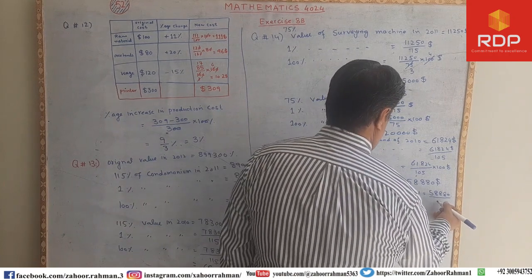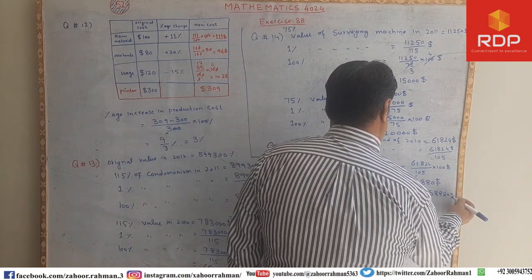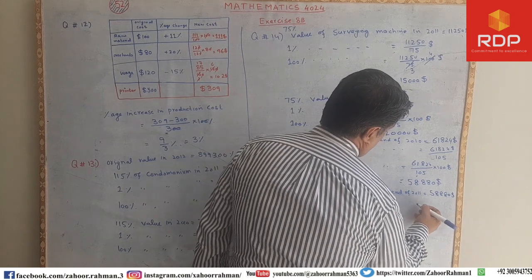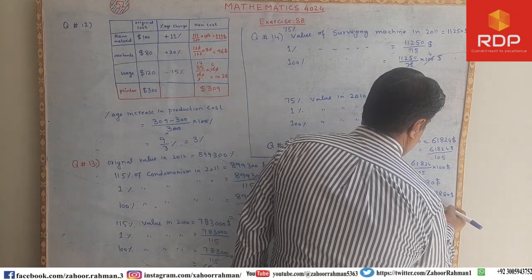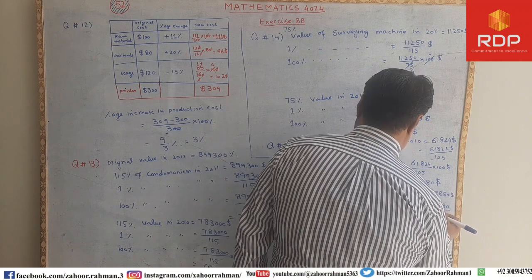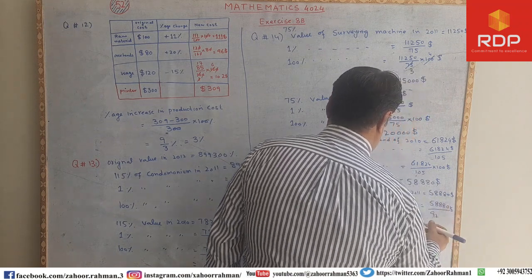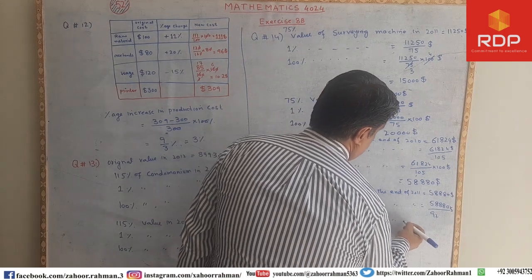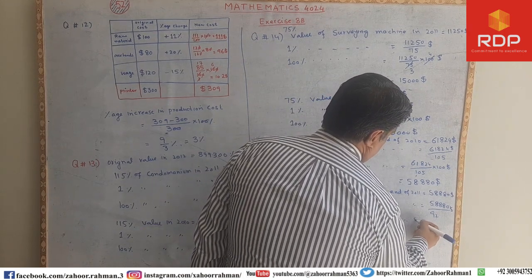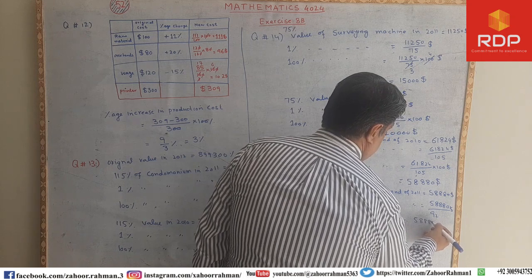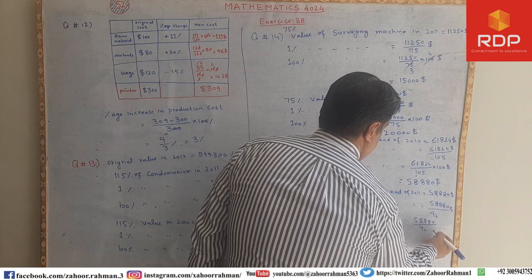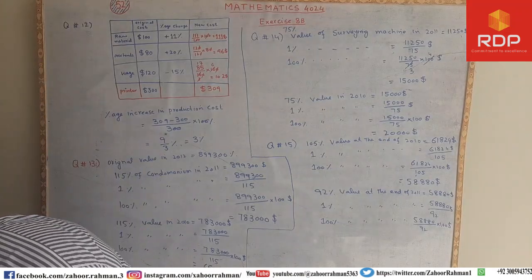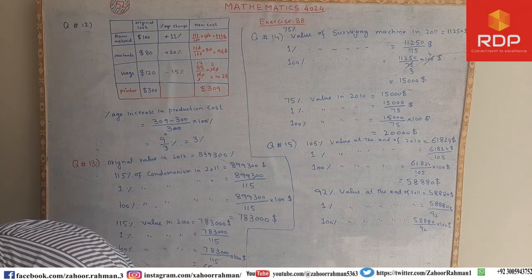So here I have to write dollars, and then the 1% value at the end of 2011 will be 58,880 divided by 92, and similarly the 100% value at the end of 2011 is divided by 92 and multiplied by 100, and here the answer is 64,000.